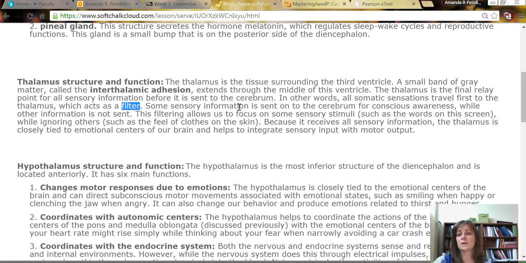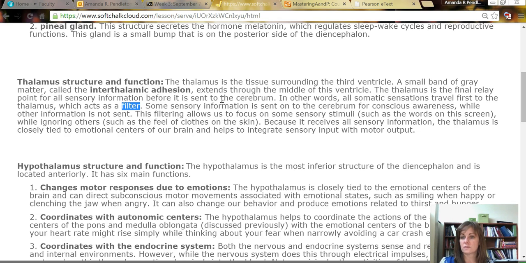So what that means is and you may have experienced this, sometimes if you're really intent on a project, you may filter out a lot of sensations. You may filter out the noise on the street. You may filter out a TV in the next room, those sorts of things. So that means we're not letting those sensations get up to our consciousness. Okay. And it's the thalamus that does that.